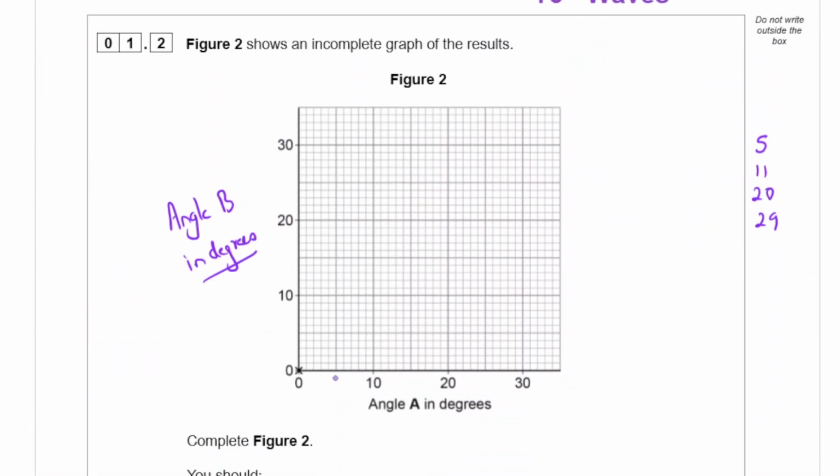So each box is 1, so 5 and 5 will be there. 11 and 11 should be here. 20 and 20 should be there. 29 and 29 should be there. So the line of best fit is going to be a straight line going through all those points.